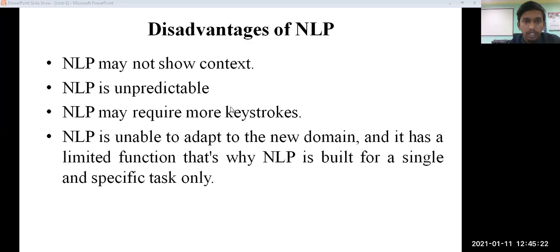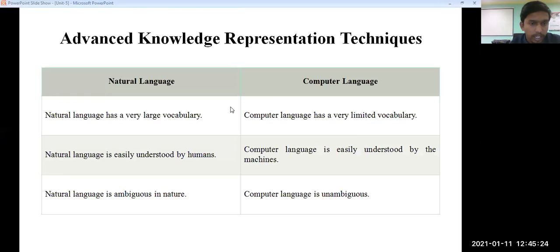Now let's move into the chapter 5 concepts with this slide. We'll try to understand the difference between natural language and computer language. Natural language has a very large vocabulary, like how we communicate in the real world, compared to machine language or computer language, which has a very limited vocabulary.